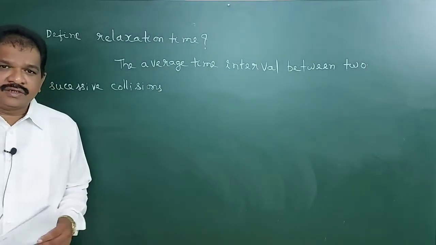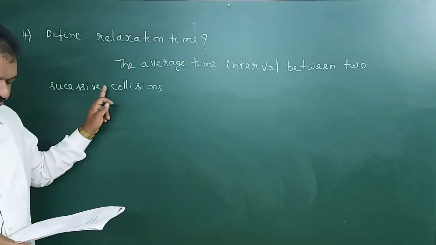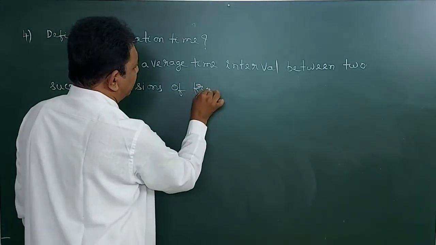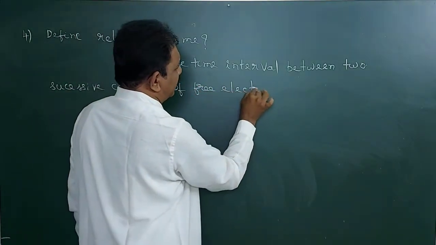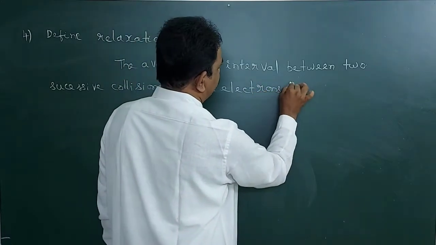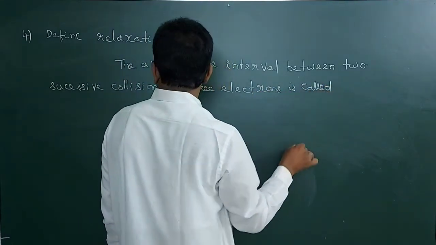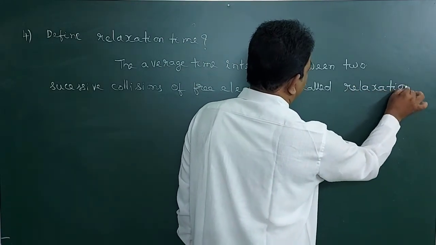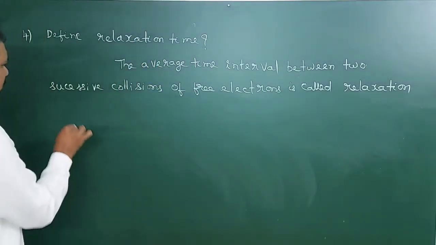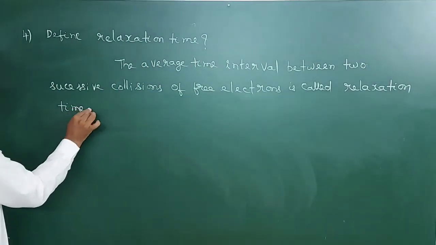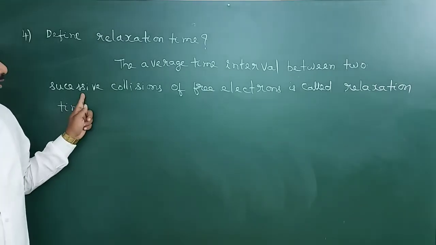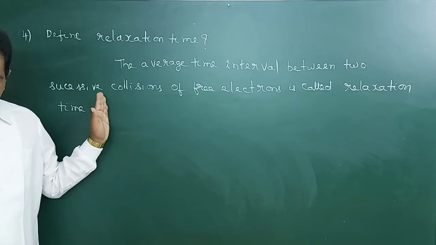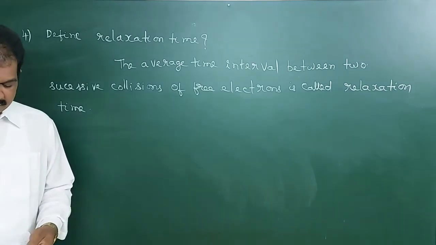The average time interval between two successive collisions of free electrons is called relaxation time. The average time interval between two successive collisions of free electrons, that will be called the relaxation time.